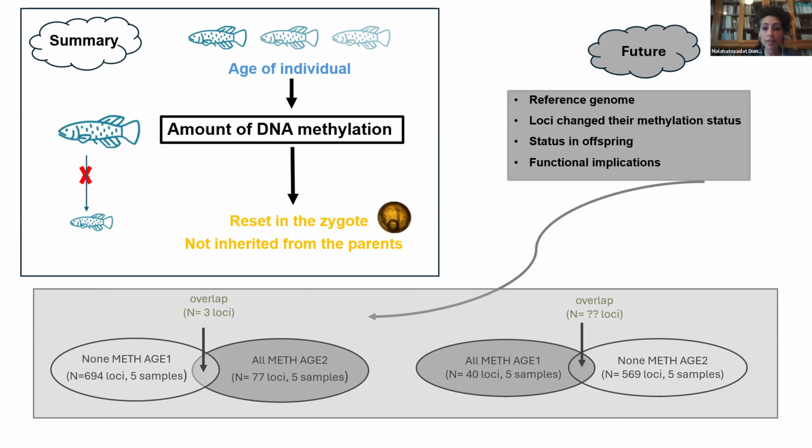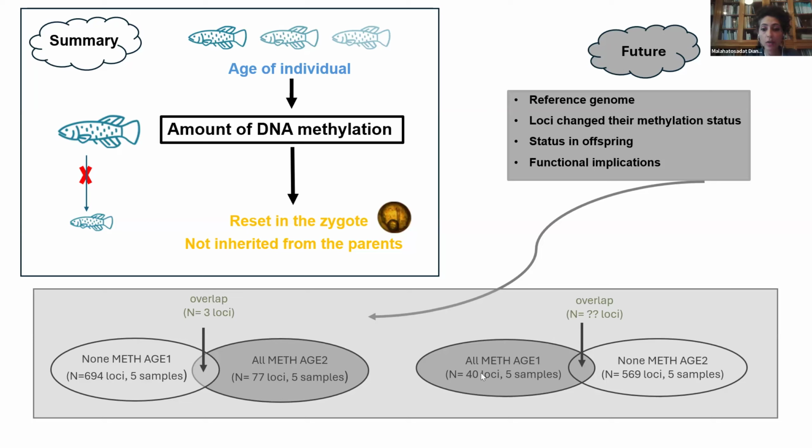As we have a very good annotated reference genome of Notobranchius furzeri, we are interested in the changes that happen by aging, to look at the loci that change their status by aging in the parents. For example, when it goes from age 1 to age 2, we want to look at the loci that become methylated, or vice versa.